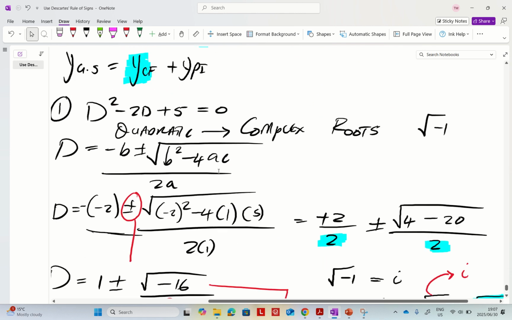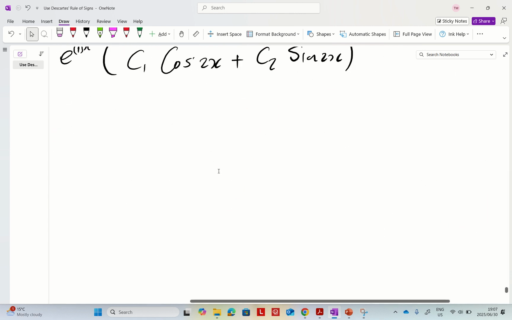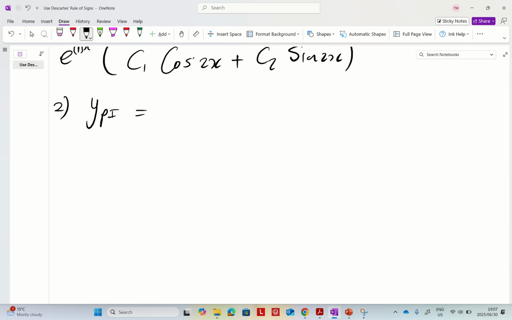So that's what you're going to do. We're going to go to our second step, number 2. So YPI will be equal to x plus 5 divided by D squared minus 2D plus 5. Okay, that's what you're going to have.